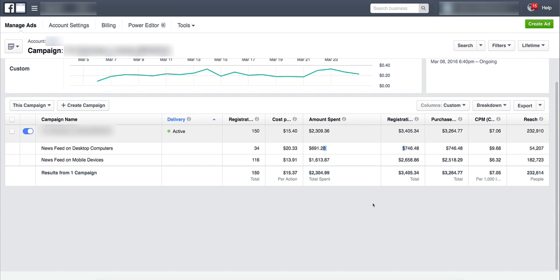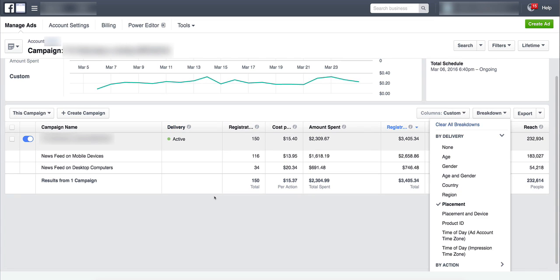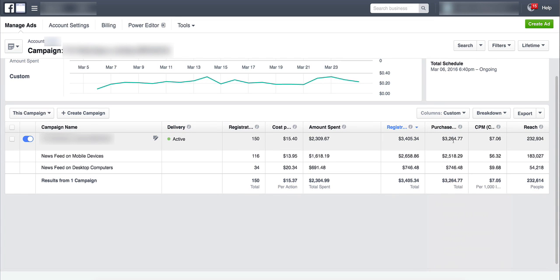From what I've seen, we would make close to 100% ROI if we were just hitting mobile users that were 25 plus, right? Yeah, so all you have to do is come in here, hit breakdown, and you can start dissecting your campaign, deep dive in there, and find out where the money is.